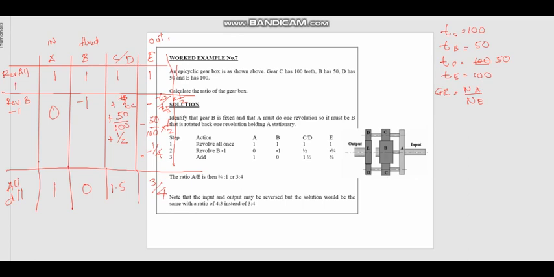This is the result of all rotations after being added up.